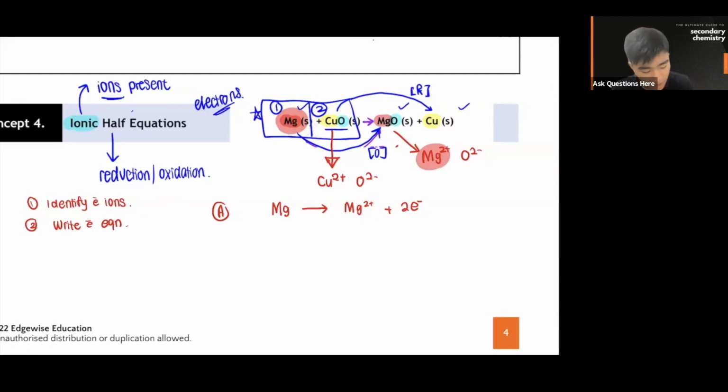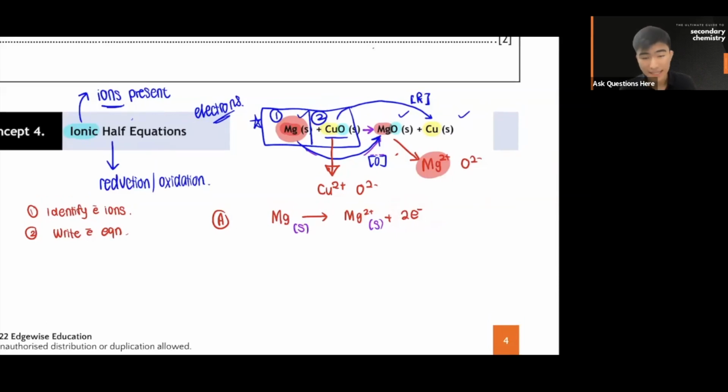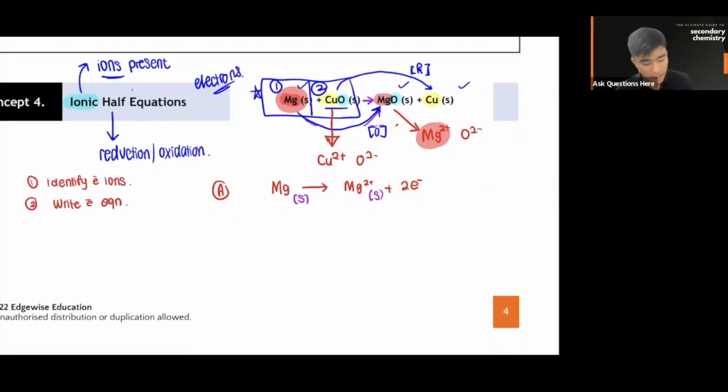And therefore, it's important for you to label in that this is a solid to solid reaction. Some reactions may be solid to aqueous, some reactions will be solid to gaseous, and liquid to gaseous as well. Electron do not have state symbol because electron is a very negligible subatomic particle.